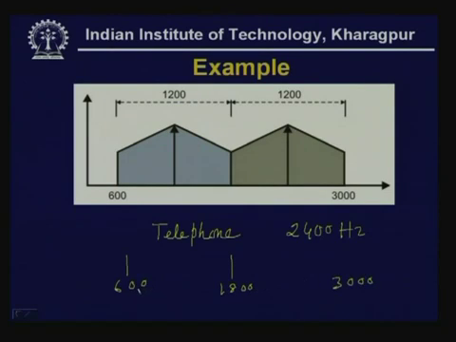So, 600 to 1800, this part is used for data communication in one direction, maybe from user A to B, and the other one can be used from user B to user A.